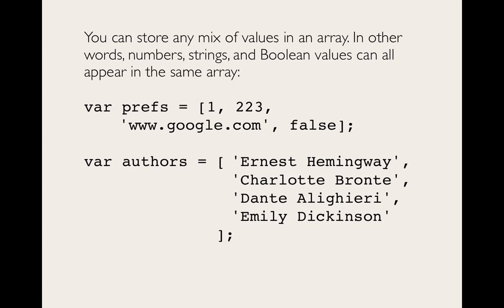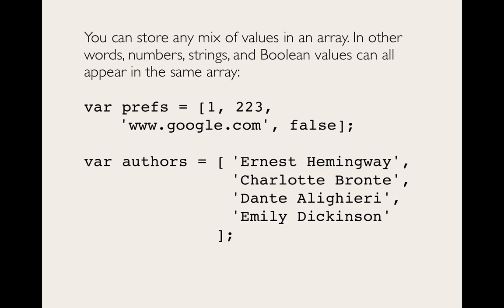You can store any mix of values in an array. In other words, just about any object that you already know: words, numbers, strings, Boolean values, dates, any value can go into an array. So you might have an array, the name of preferences, that lists a couple of numbers, a string literal, and a Boolean.